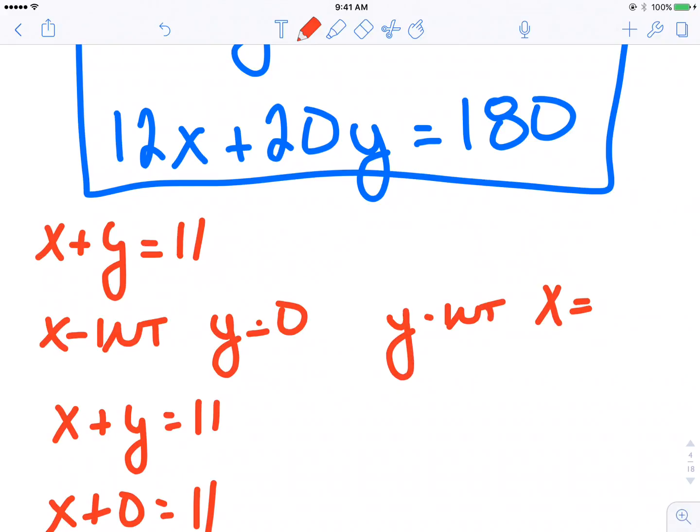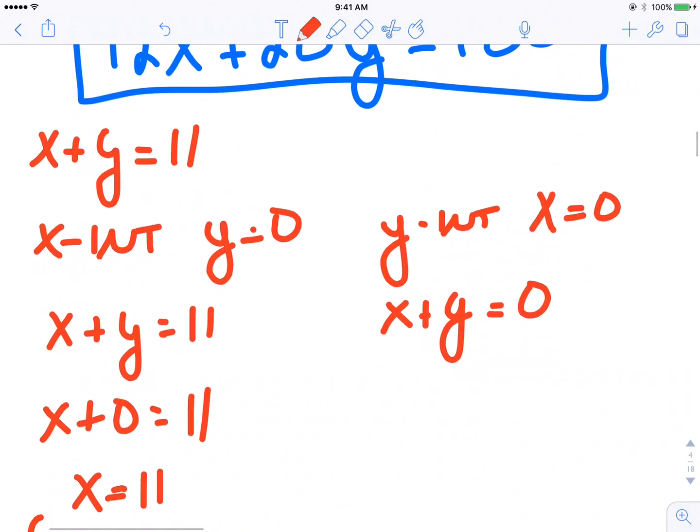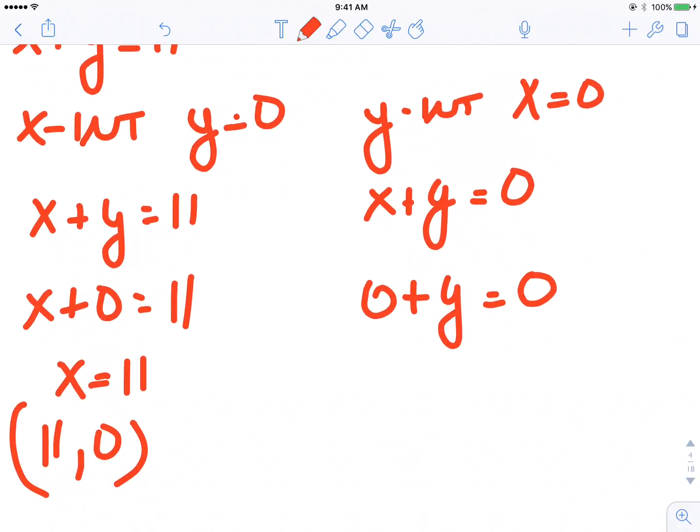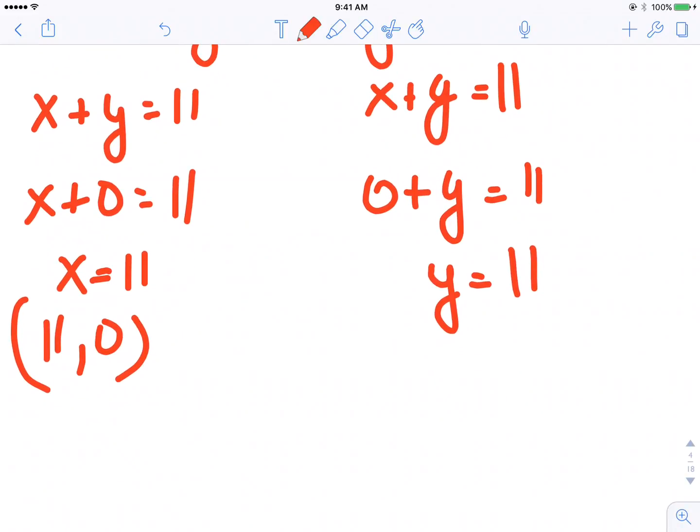This time X is going to be 0. 0 plus Y is equal to... whoa, back up. This isn't X plus Y is equal to 0, this is X plus Y is equal to 11. So 0 plus Y is 11, so Y is equal to 11, giving me a coordinate value of, whoops, not 0, 0, but 0, 11.